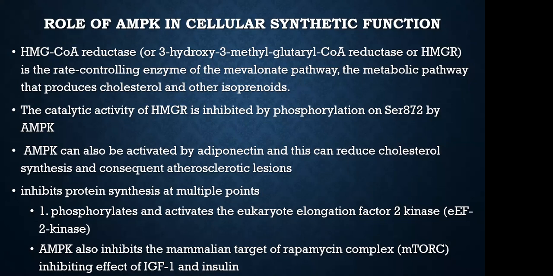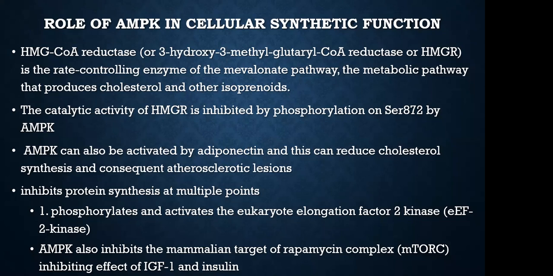So AMPK plays a huge role in cardiovascular health, in regards to cholesterol manufacturing, and also steroid manufacturing, since cholesterol is a crucial building block for that. The catalytic activity of HMGR is inhibited by the phosphorylation of serine 872 by AMPK. So again, this is something that's controlled by AMPK.